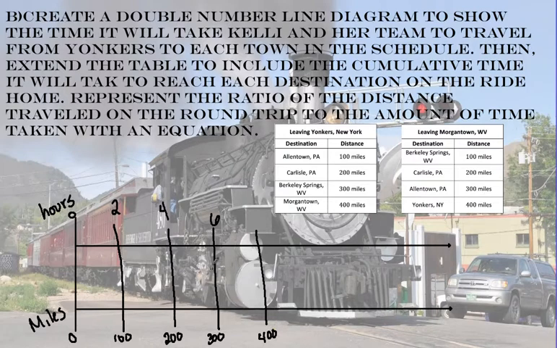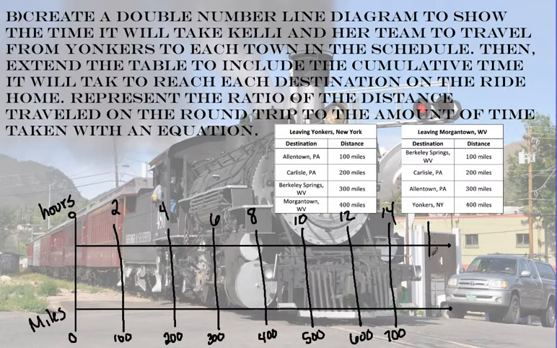And notice my lines aren't entirely perfect, but I do have somewhat the same amount of space in between each. And in 10 hours, I will go 500 miles. In 12 hours, I will go 600 miles. In 14 hours, I will go 700 miles. And in 16 hours, I will go 800 miles.